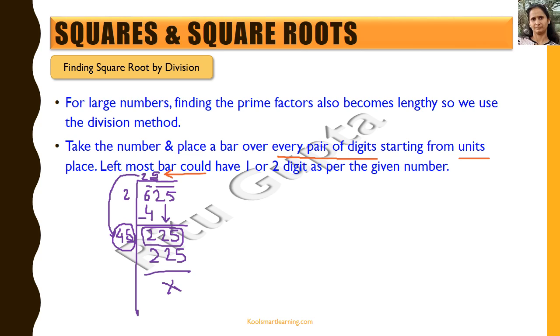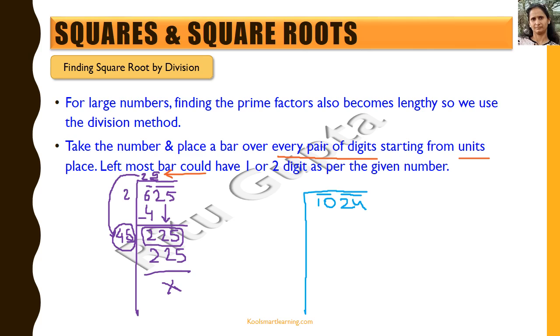Now let's take another example, a number which is 4 digits. Let's take 1024. Now when we place the bars starting from the units place, we place a bar on 24 and we place a bar on 10.